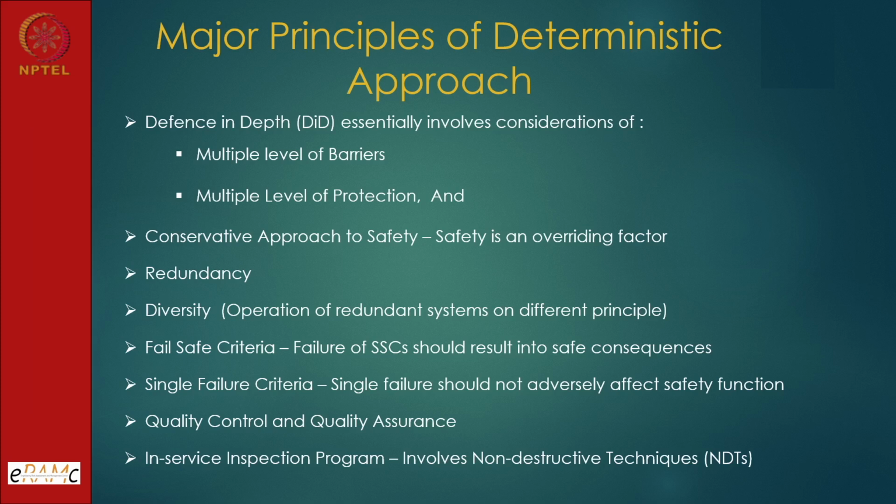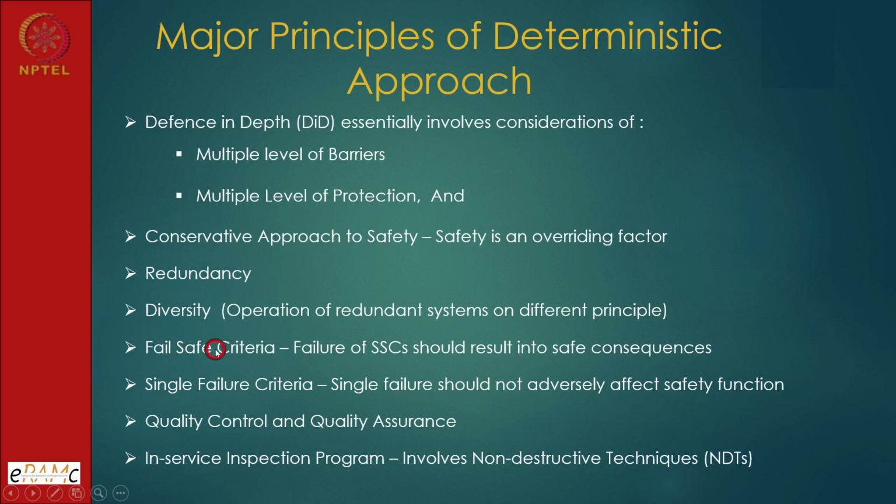Now, fail-safe criteria. Fail-safe criteria means any design should be such that if the system fails, it should go to the safe state. Like power failure. Power failure should take all my limit switches, relays, boards to a condition where they will actuate the shutdown system. So, this becomes the implementation of the fail-safe criteria.